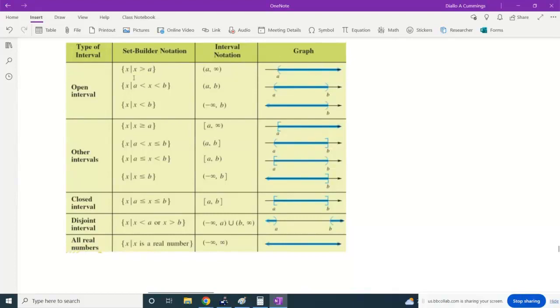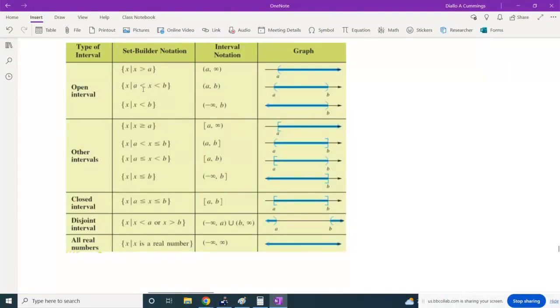You can graph that, right? So greater than means all the numbers bigger than a. We can write that in interval notation as a comma infinity. We can also have what's called a compound interval.